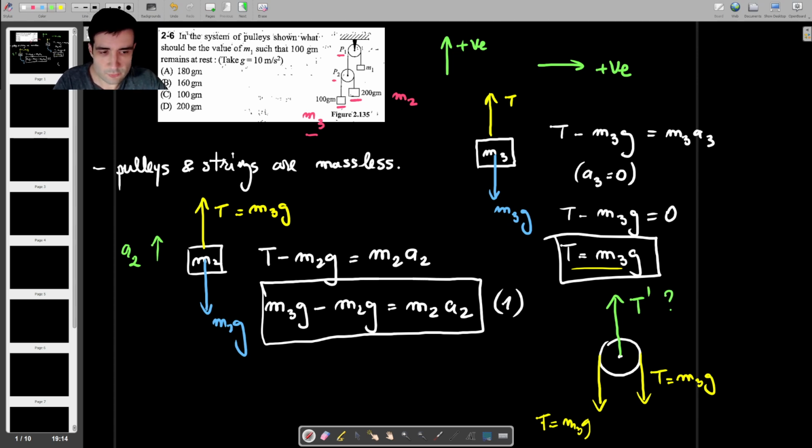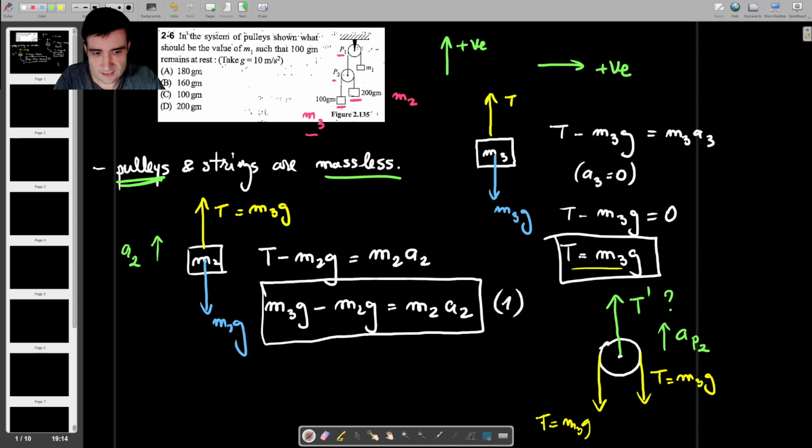Now, we don't know what T prime is yet, but we can actually use a trick to find T prime. And the trick we're going to use is based on the fact that the pulleys are massless. So this pulley will have an acceleration. I mean, there's no reason to assume it won't have an acceleration. So let's write it as AP2, which might be up, might be down, we don't know yet.